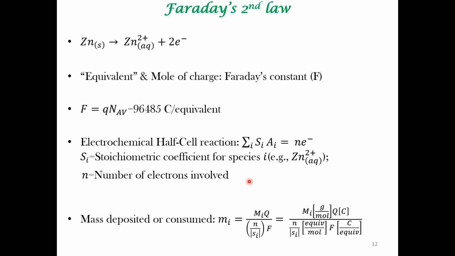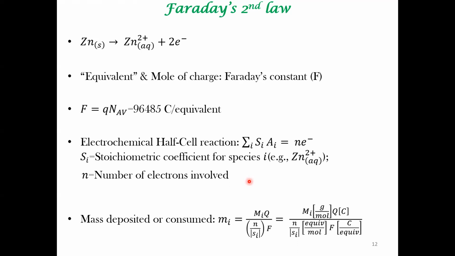What is the second law of electrolysis? The mass of material that is deposited or consumed, okay? If you're thinking about hydrogen evolution reaction or oxygen evolution reaction, we will talk about these things in the course, okay? We can also use Faraday's laws of electrolysis.